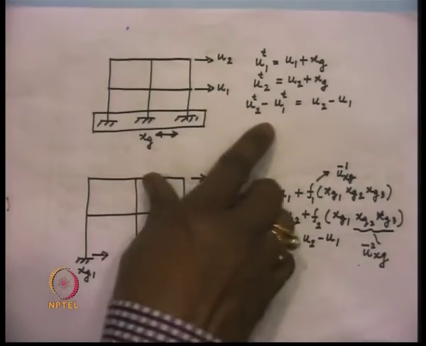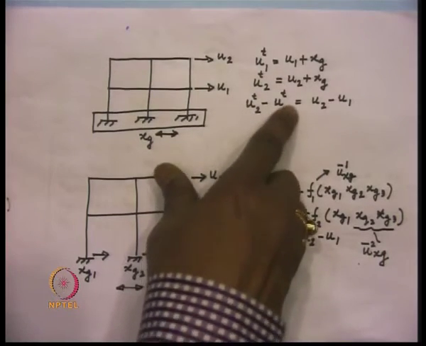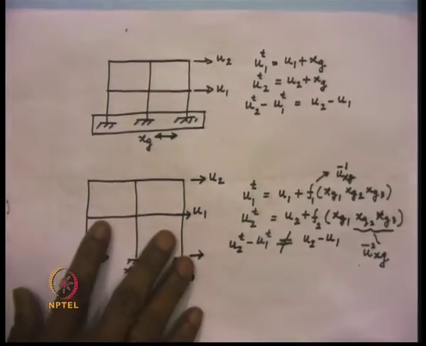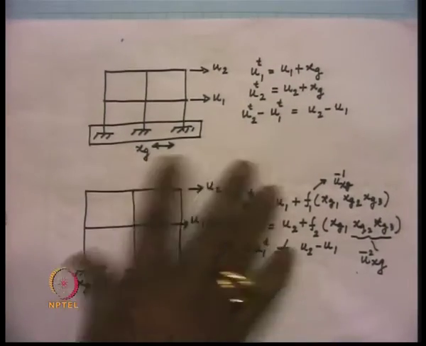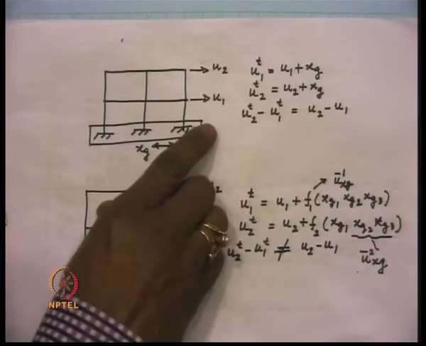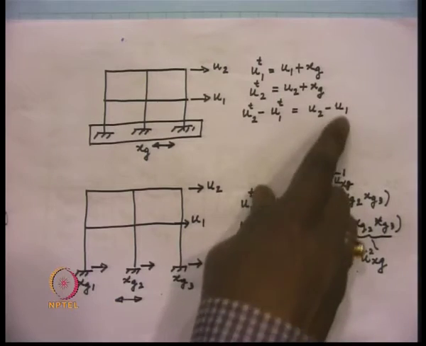And if considering the total displacements and considering the relative displacements they remain the same, then there is no need for writing down the equation of motion in terms of the total displacement.